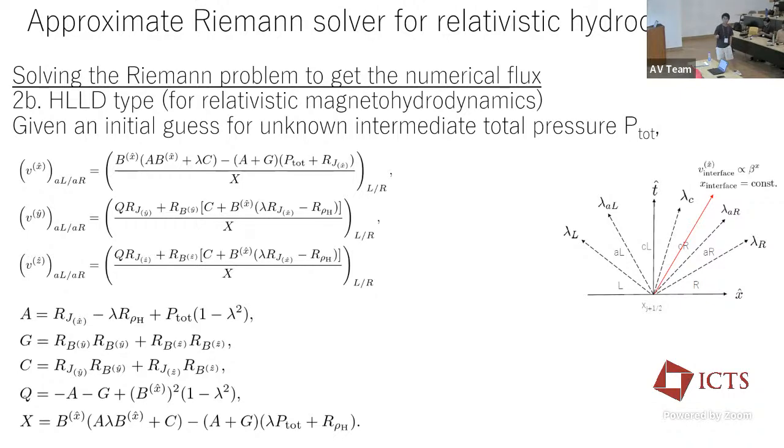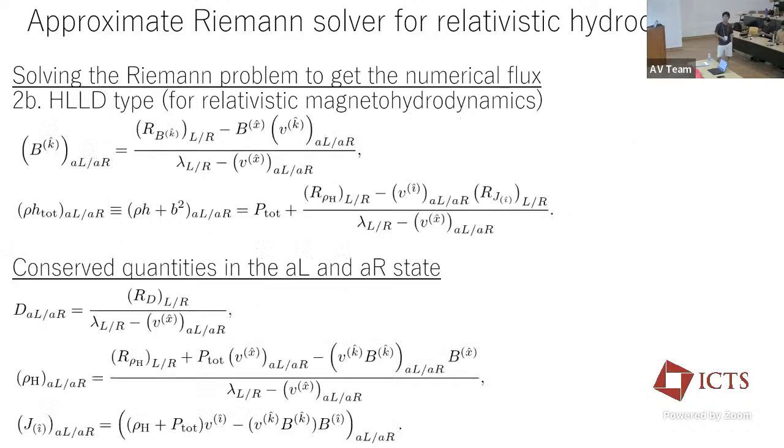For example, P total is contained in here, but the other terms are known from the left and right state. So by giving the initial guess for the P total, you can get the 3 velocity at the AL and AR state. With these 3 velocities, now you can calculate the magnetic field in the AL and AR state by these equations. I won't derive this equation because it's super easy, but if you're interested, please look at the original paper anyway.